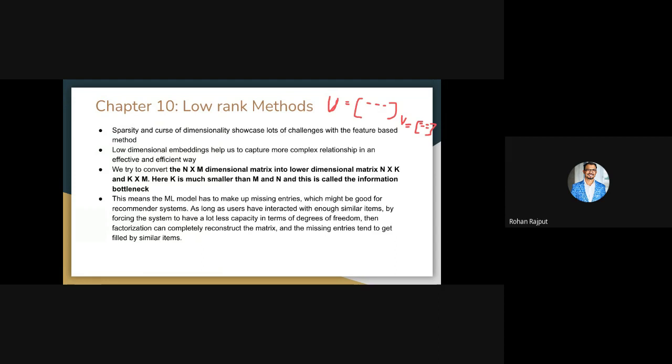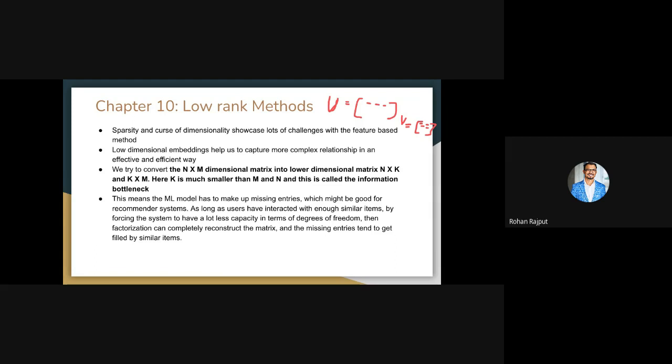We saw that we can use both collaborative filtering as well as content-based recommendation to do item similarity. Although feature-based methods are quite popular and give us lots of understanding about our feature dimensions of user and item, they come with lots of challenges.